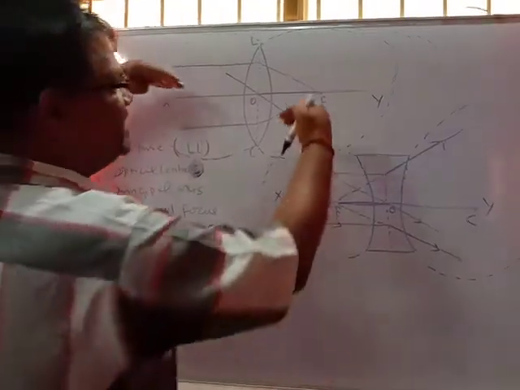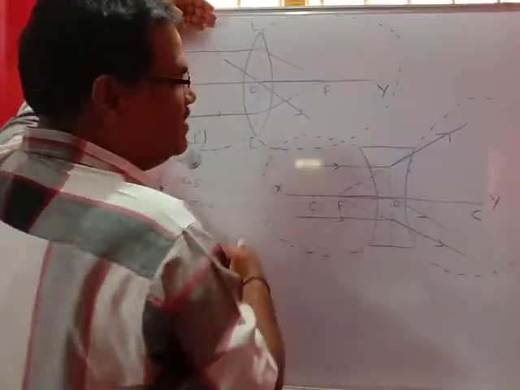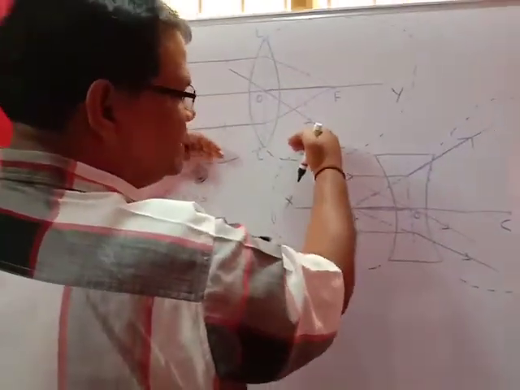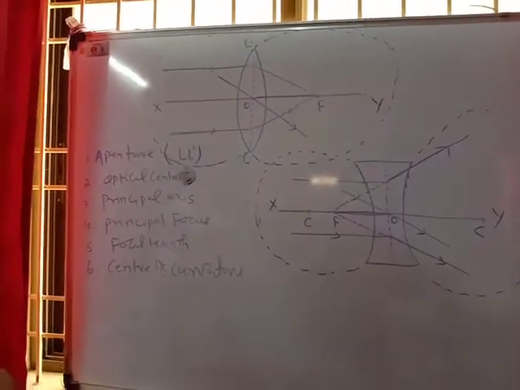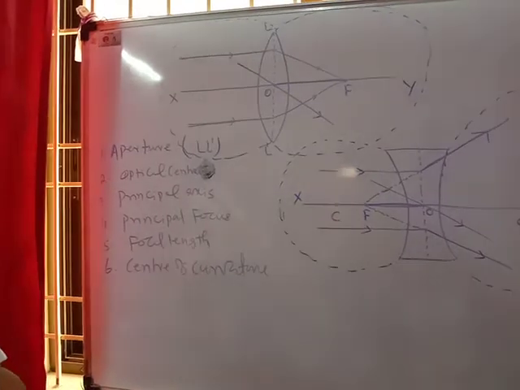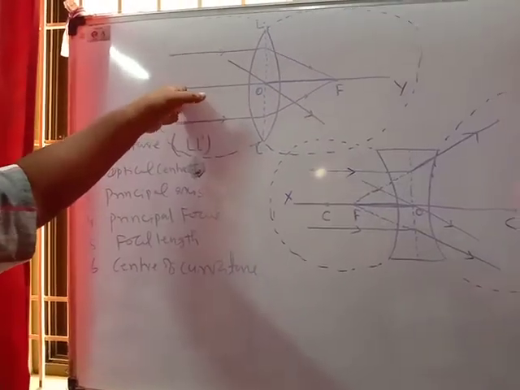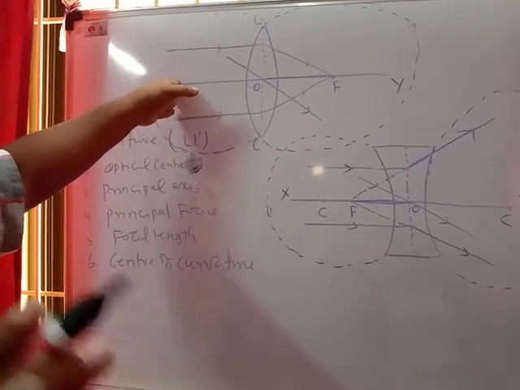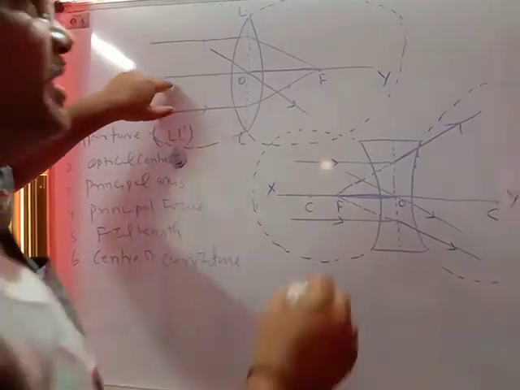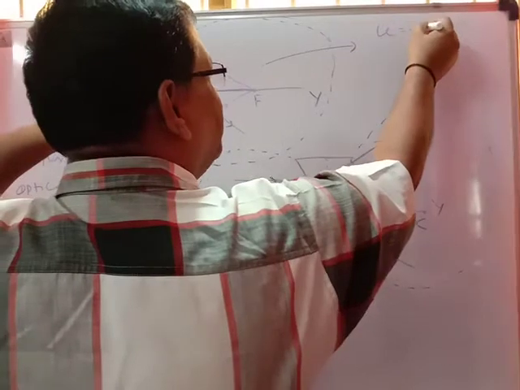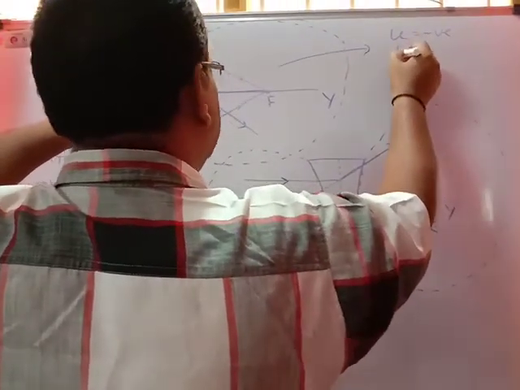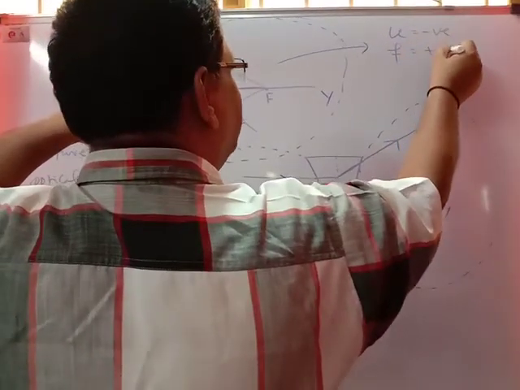All the measurements above the principal axis are taken positive, and below the principal axis are taken negative. And always the object is placed on the left side of the lens, and object distance is always negative. So here in this case, u is negative and focal length will be taken positive.